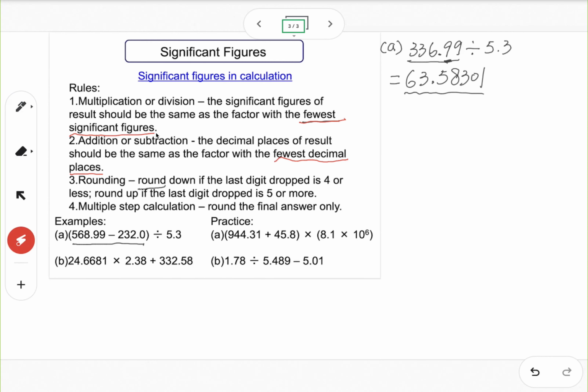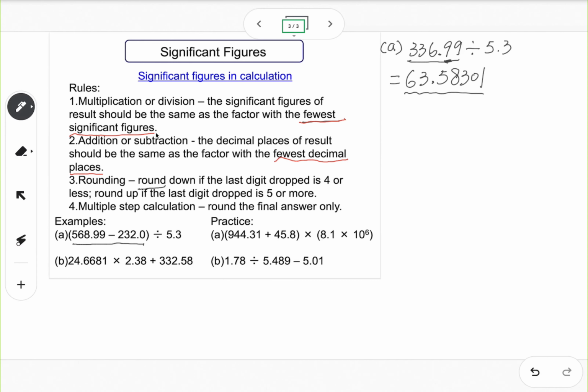According to rule number 1, if you are doing division, you need to follow the number with the fewest significant figures. This one, as we mentioned a moment ago, is supposed to have 1 decimal place. That means it is supposed to have 4 significant figures. This number has 2 significant figures. Therefore, the final answer should follow the number with the fewest significant figures. That means this final answer is supposed to have 2 significant figures.